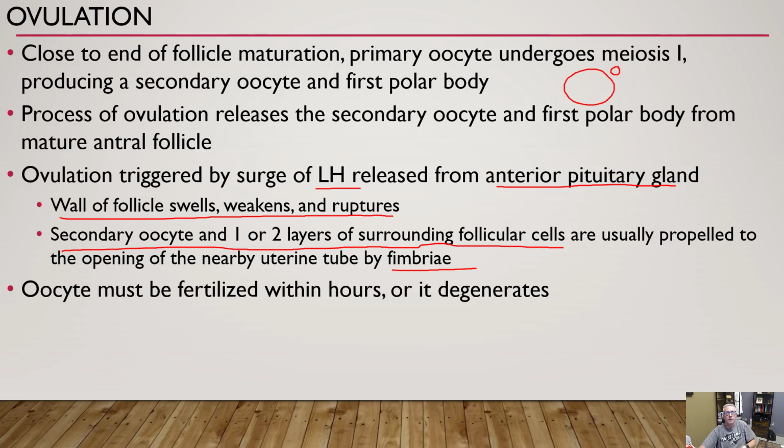Now, I've had people ask questions. Well, how do I know when I actually ovulate? Some people know and some people don't. But sperm can live in the female body for up to 3 to 5 days. So let's say you're on birth control, you know you're going to ovulate on Tuesday, and you had sex on Sunday.